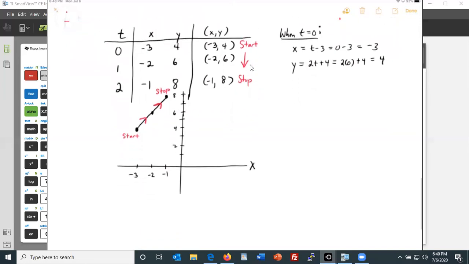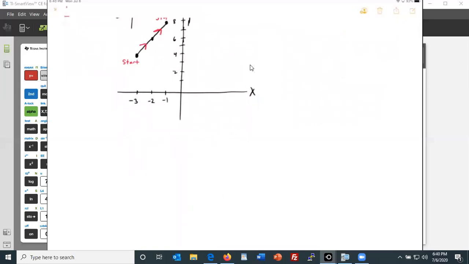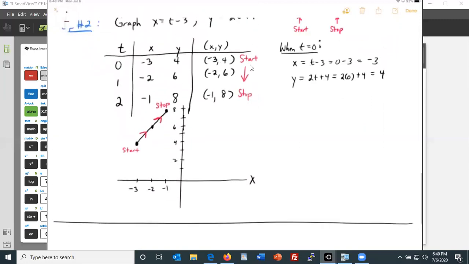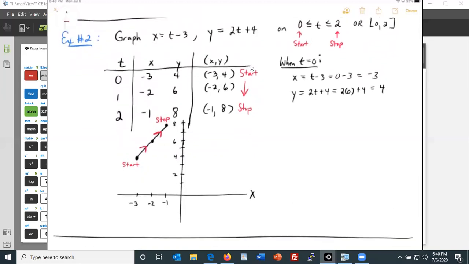Okay, so the next thing we're going to look at is doing a little bit of work with the equations. Graphing for the most part is easy as long as the equations themselves are easy to work with in terms of the numbers.